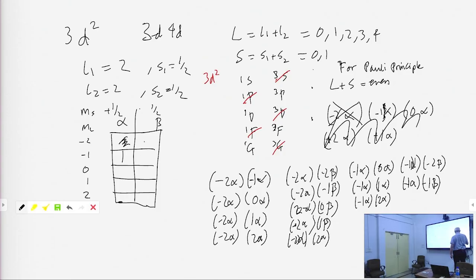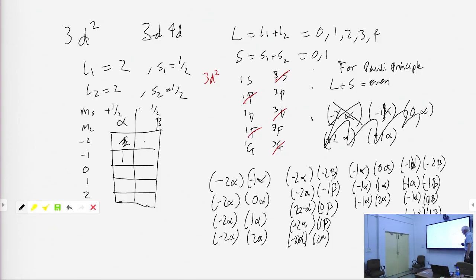I'm going to need a bigger whiteboard. Minus 1 alpha, 0 beta, minus 1 alpha, 1 beta, minus 1 alpha, 2 beta.